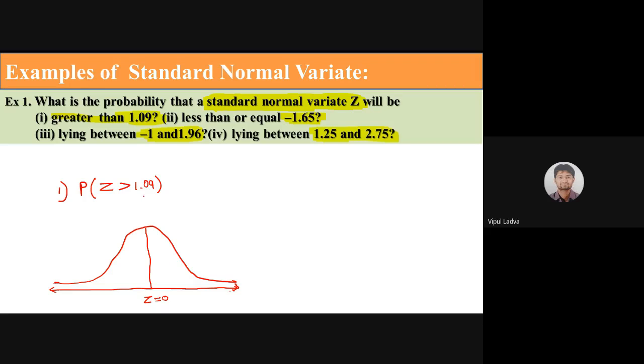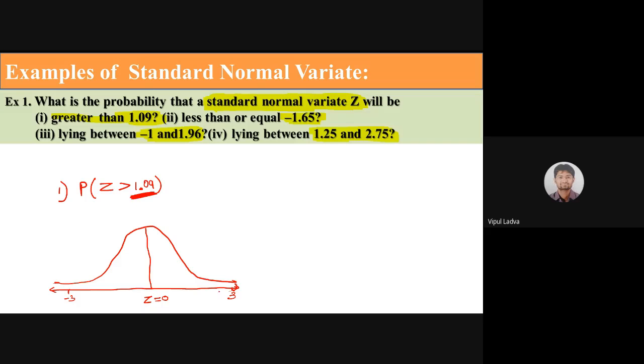Now, what are we finding? We are looking for the probability that Z has a value greater than 1.09. First I need to be sure where 1.09 is. You should also know why I wrote minus 3 and plus 3: when the tail approaches the x-axis on both sides, that point is minus 3 on the negative side and plus 3 on the positive side, where it gets very close to the x-axis.